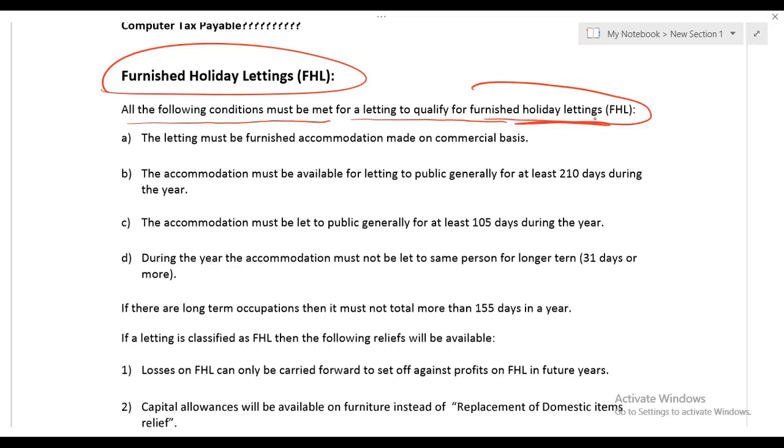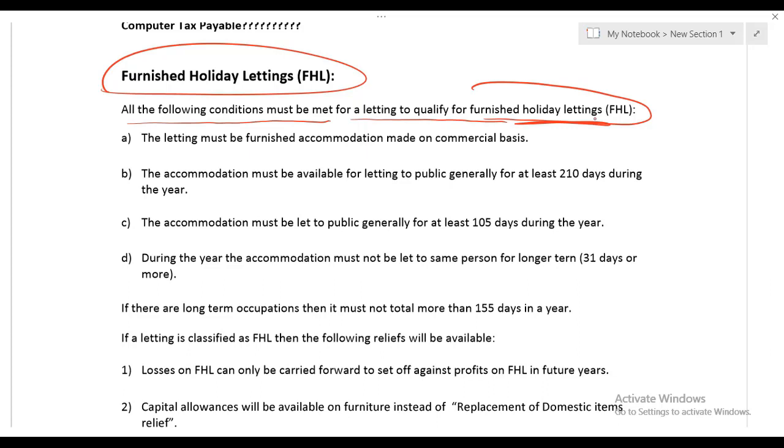Otherwise, when it comes to Malaysia, you will find many holiday lettings. In Pakistan, especially in Islamabad, you can Google it, the second most beautiful capital in the entire world is Islamabad. So in Islamabad, there are many furnished holiday lettings.